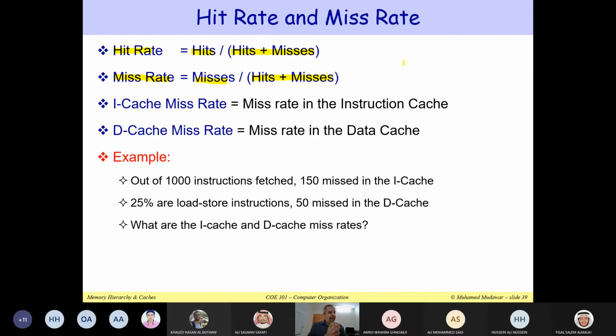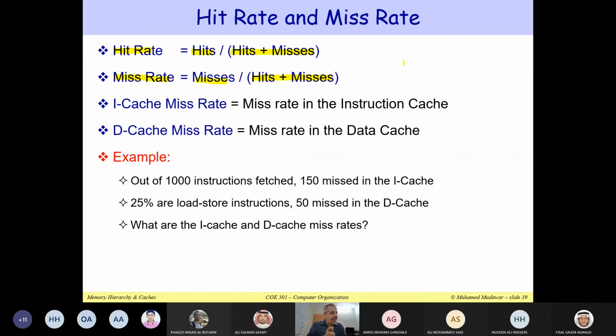Now, if I add the hit rate plus the miss rate, what do you get? The total number of accesses over the total number of accesses. You get one. If it is not a hit, it has to be a miss, right?